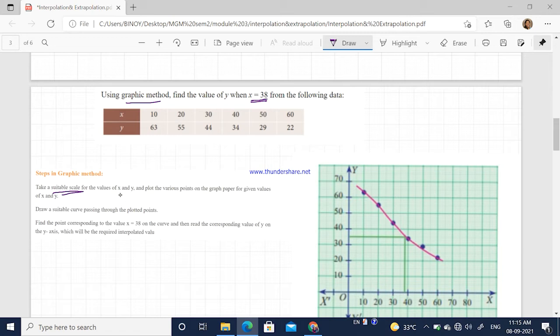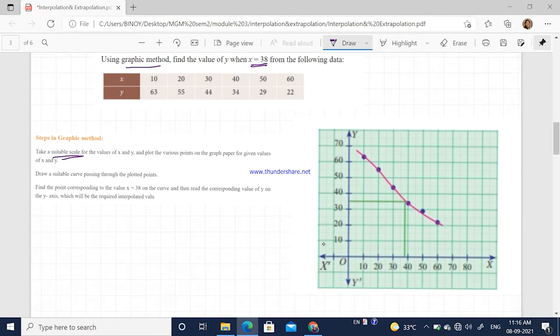Here on our x-axis, each unit is 10: 10, 20, 30, 40, 50, 60, 70, 80. On the y-axis I have used the same unit: 10, 20, 30, 40, 50, 60, 70.